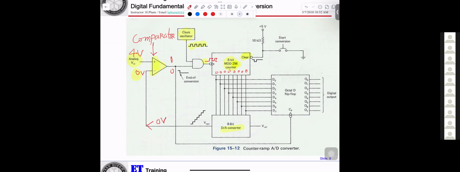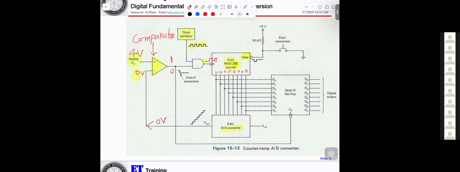And the counter will start counting. You see the 8-bit DA converter here. They can count up to how many volts.